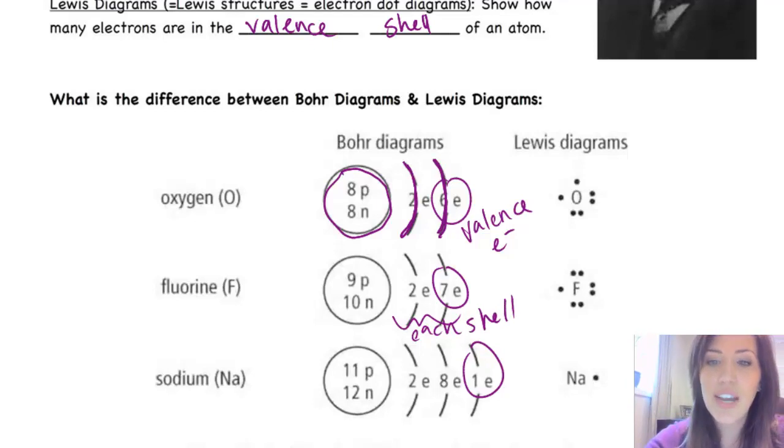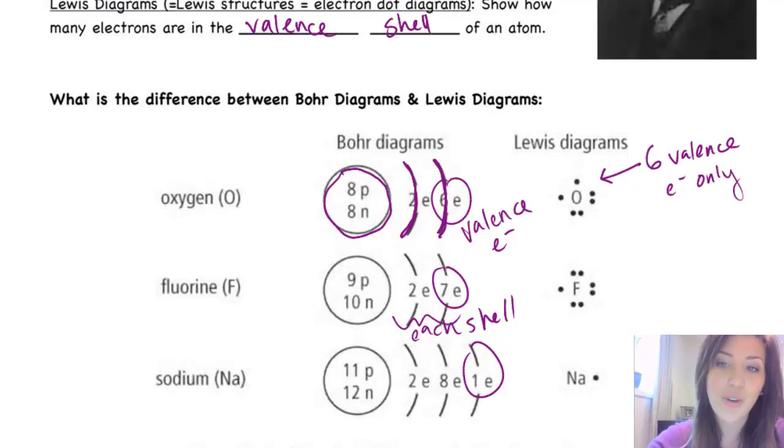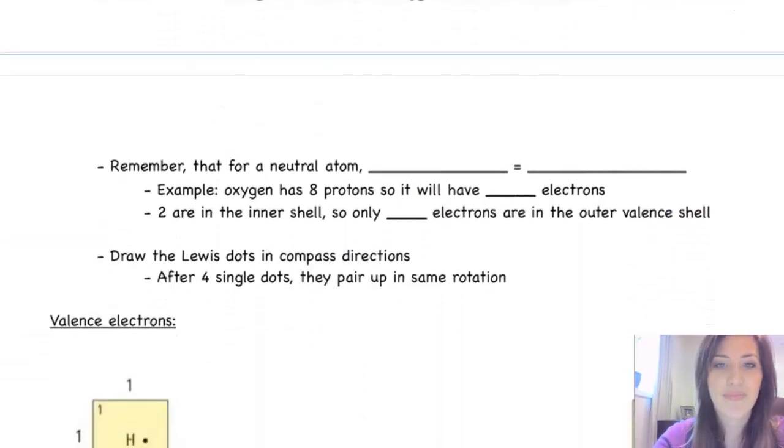Now in the Lewis diagrams, you'll notice that we only show the dots for the outer electrons. So 6 valence electrons only are shown. So we skip the step of all those little mini inner shells.